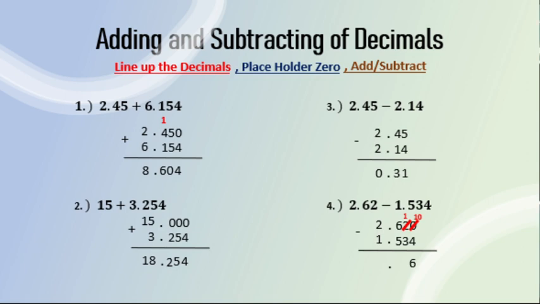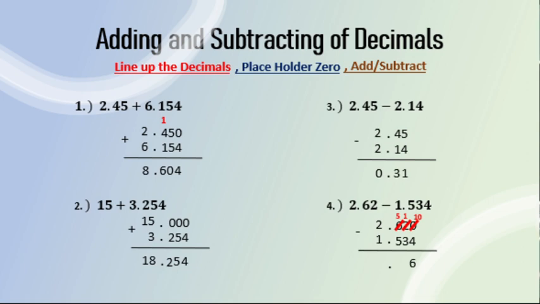Now, let us subtract. 1 minus 3 is equal to. Can we subtract 3 from 1? No. What should we do? We need to borrow 1 tenth from 6 tenths. What will happen now to 6? It will become 5. What will happen to 1?